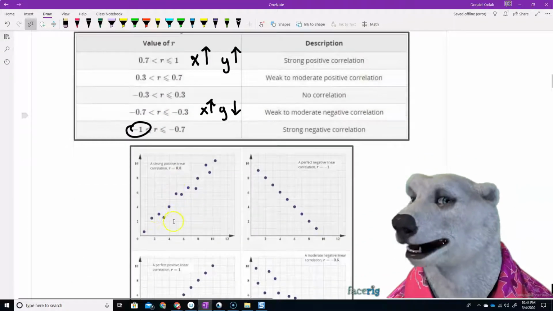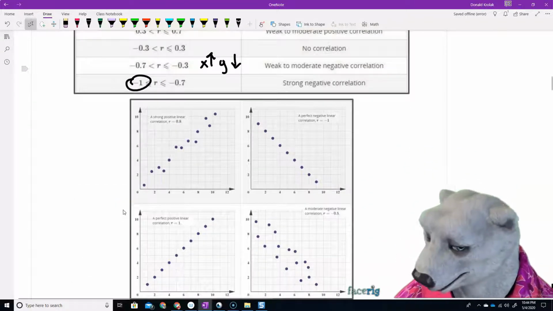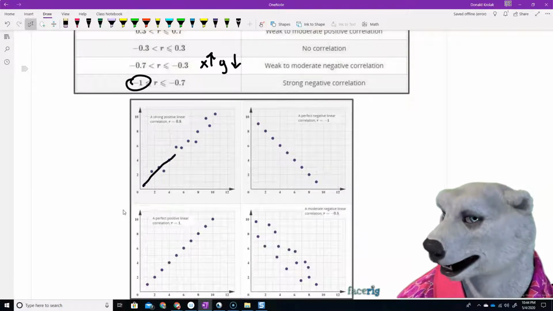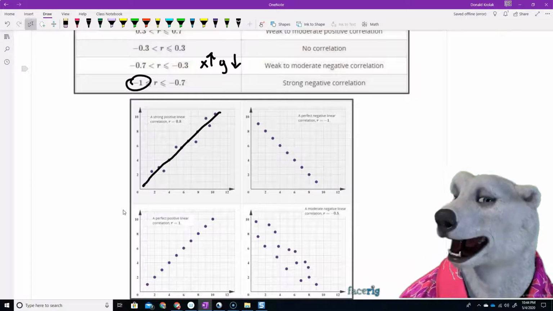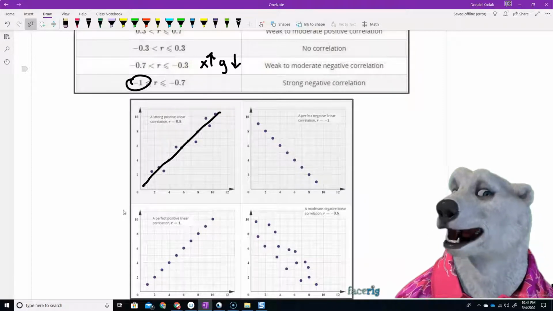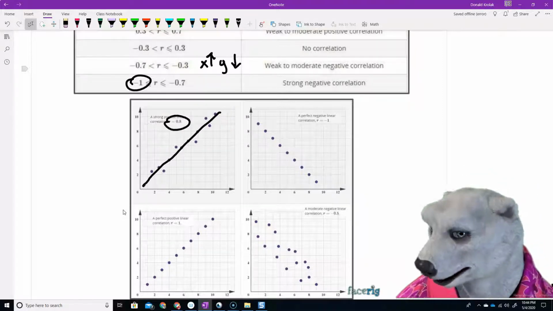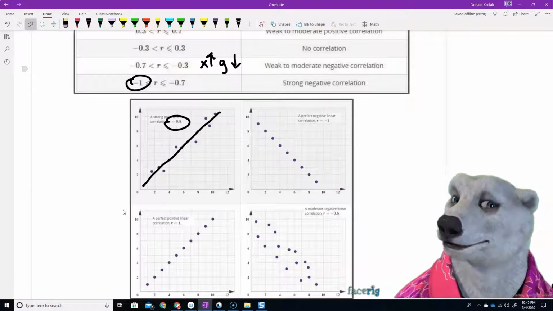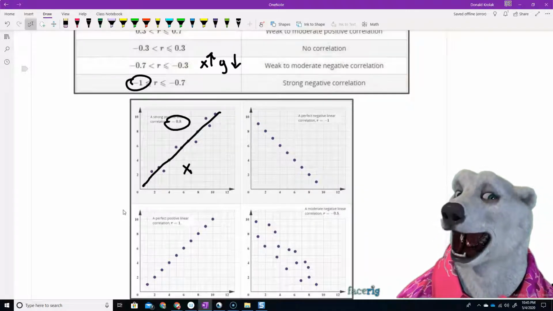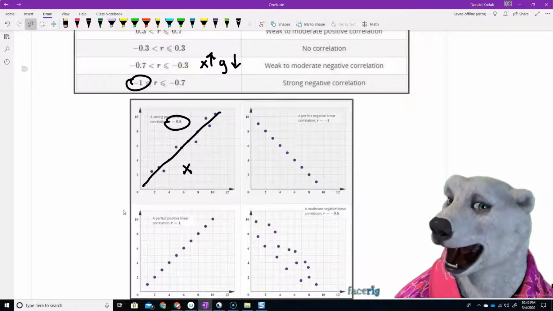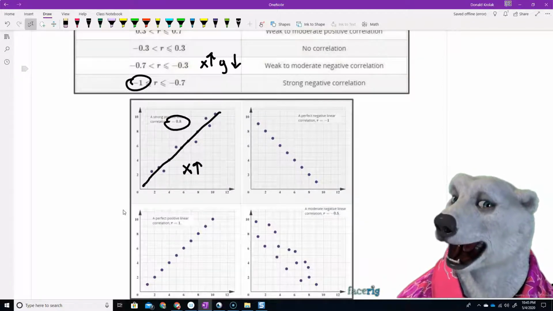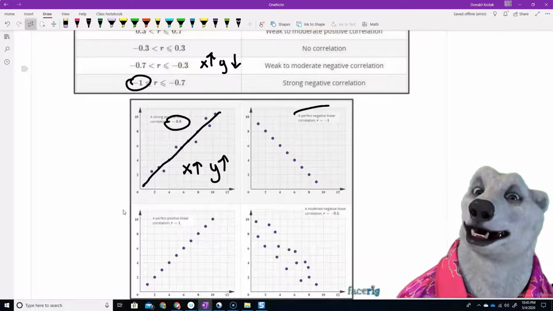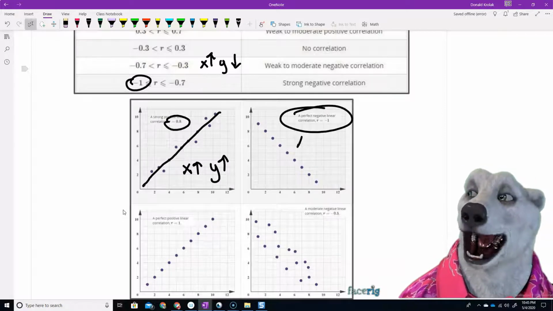So if we look at these examples here, we could see that this one's got a pretty strong positive linear correlation. Its Pearson R is 0.8. Right? Here, you can see as x gets bigger, the y coordinate gets bigger. Over here, we got a perfect negative correlation.